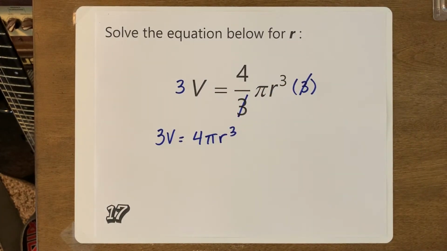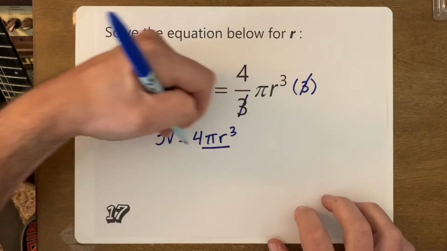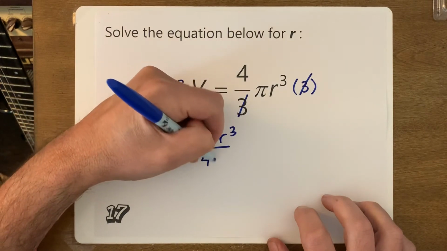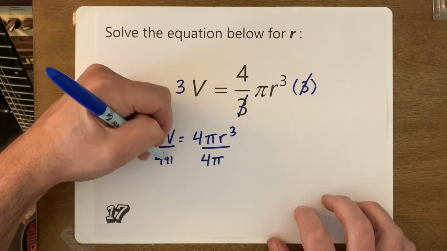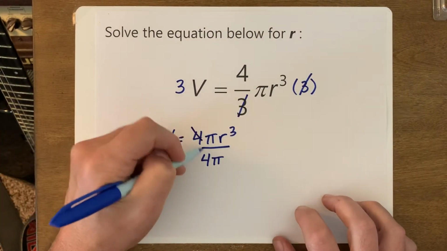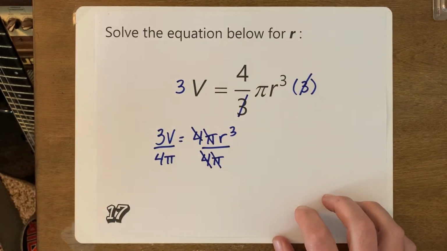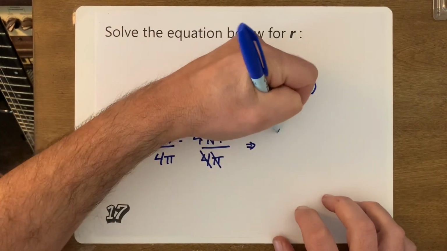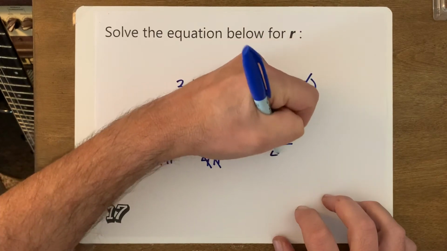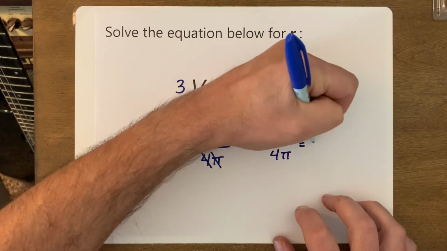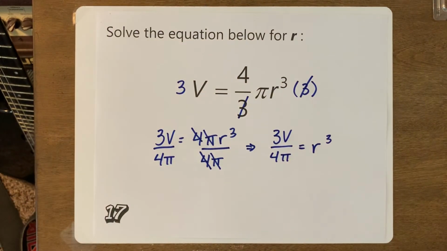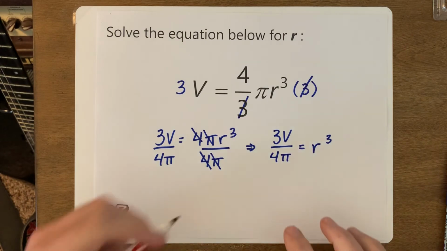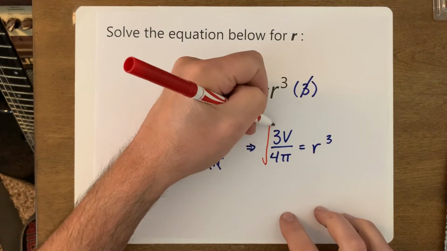Now I want to get r by itself, so I'm now going to divide both sides by the 4 and the pi to get rid of those two guys, like that. Cancel, cancel. Okay, so here's where I am now. 3v over 4 pi equals r cubed. All right, so here's the next question. How do you get rid of a cube? Well, a square root gets rid of a square, so a cube root gets rid of a cube.